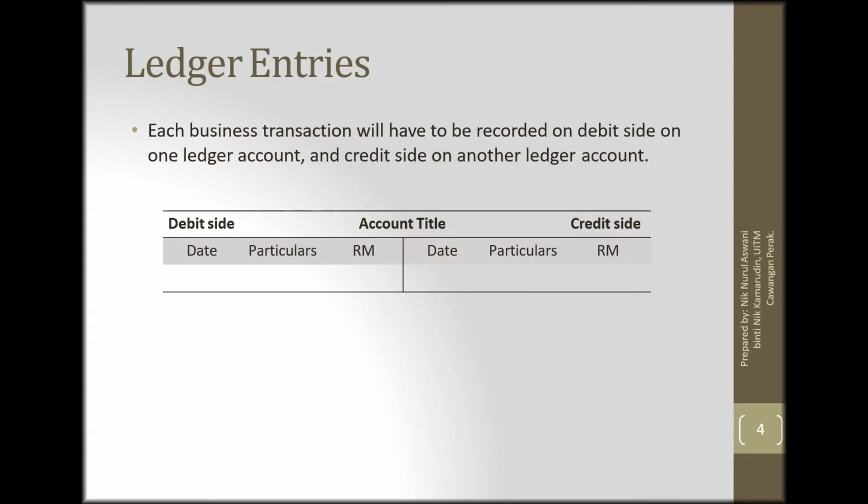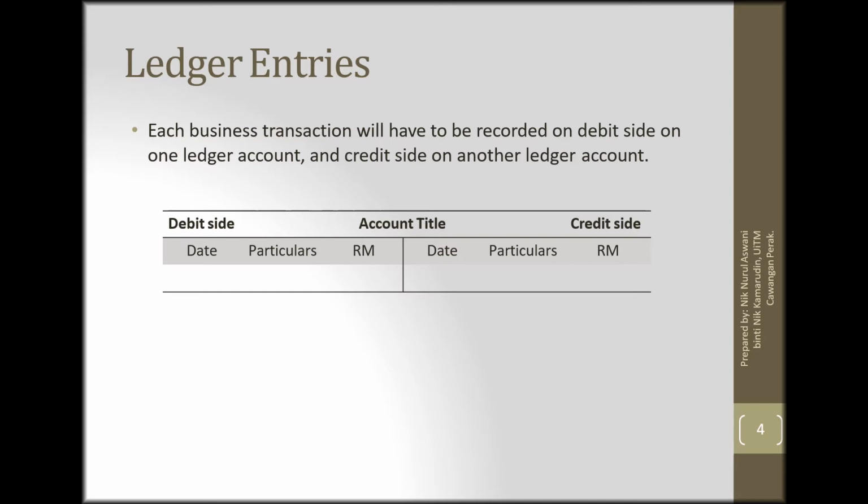Before we proceed with the discussion of the ledger entries, let's recall what we have learned previously. From the discussion just now, we talk about the increase in asset and also the increase in equity, due to the business transaction of started the business with 35,000 cash.